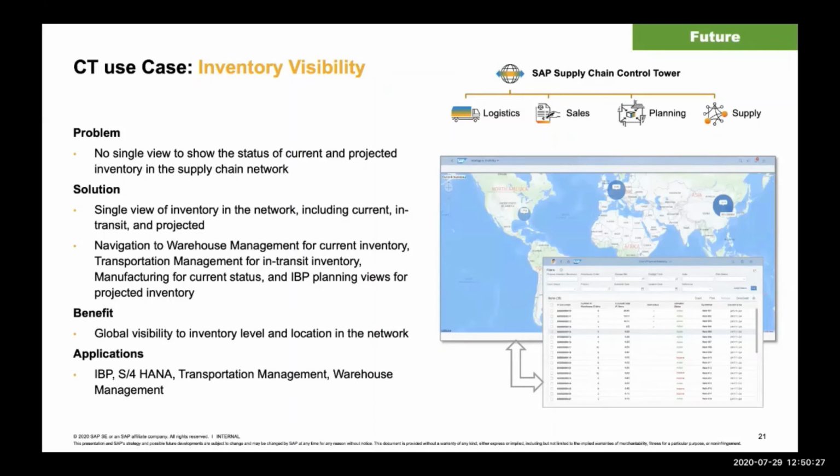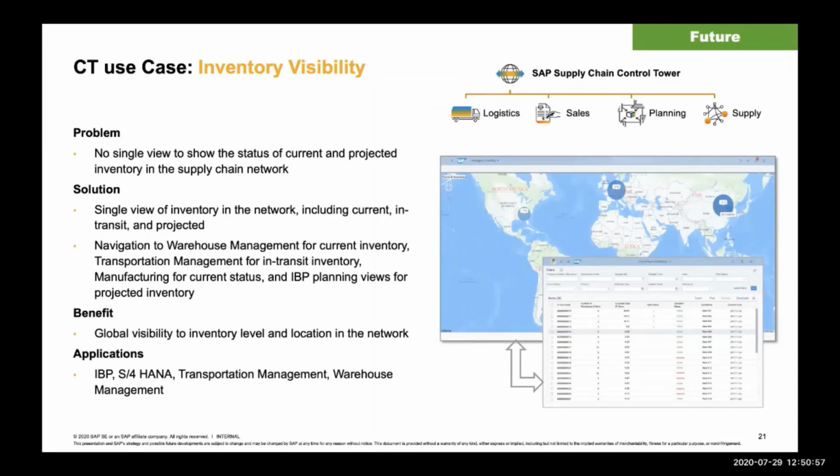One of the first tasks at hand is understanding inventory in the network: what's on hand, what's in transit, what's projected, right? And then being able to navigate to warehouse management, TM, or production planning, detailed scheduling, or IBP to consolidate this global visibility, delivering a lot of speed in that assessment. Some of these capabilities exist and will continue to improve in functionality. But again, I just wanted to put some color around a control tower and to demonstrate the value.